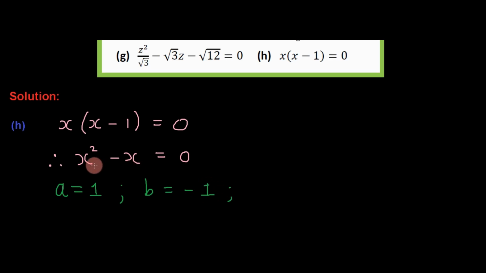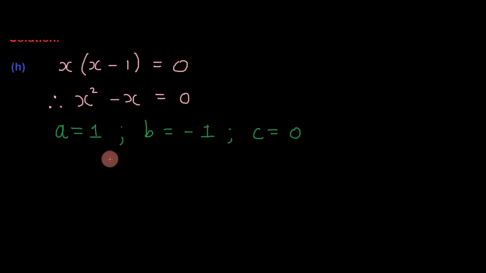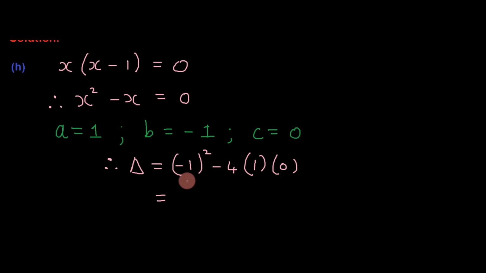And we can see that there's no constant here. So c equals 0. Now we can find delta. It's going to be b squared, so negative 1 squared, minus 4 times 1 times c. And c, of course, is 0. So we end up with delta equal to positive 1.